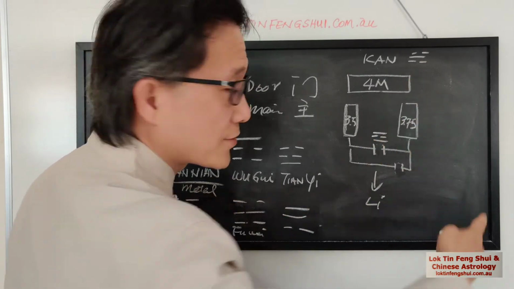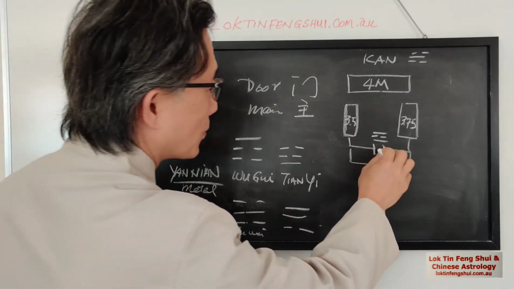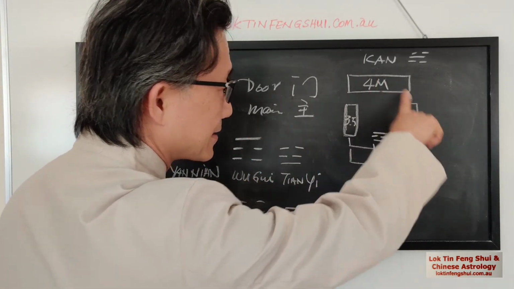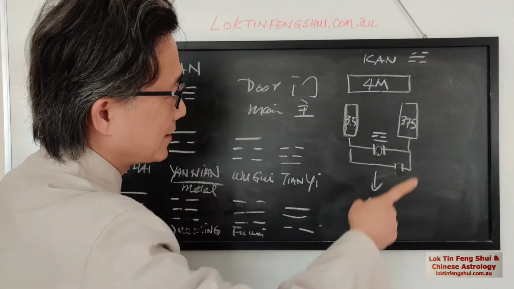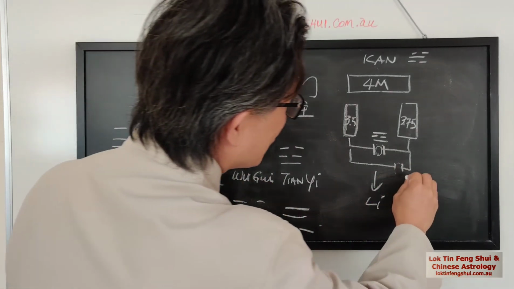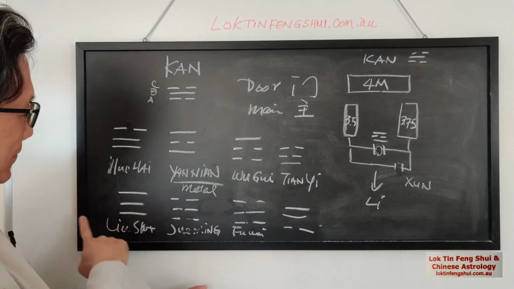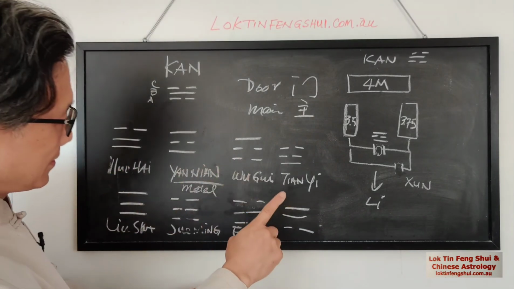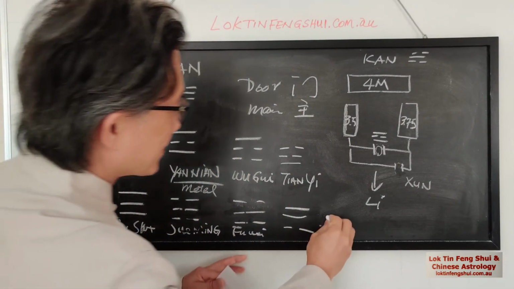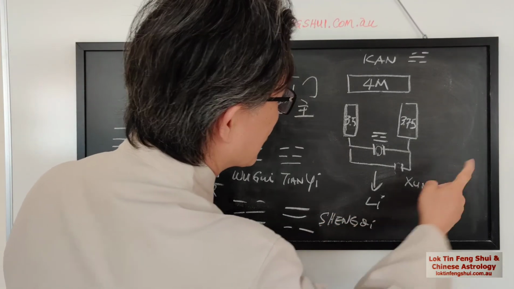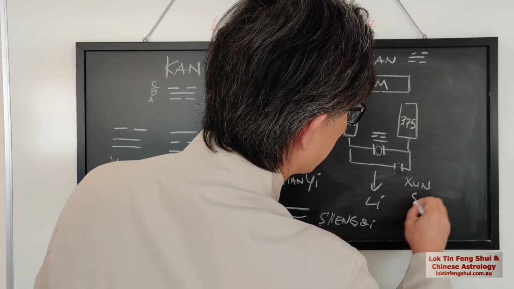So this door is a Yan Nian door to this complex, or to this courtyard house. And this here is the Xun Gua. The Xun Gua here is the Sheng Qi, so that's the Sheng Qi door.